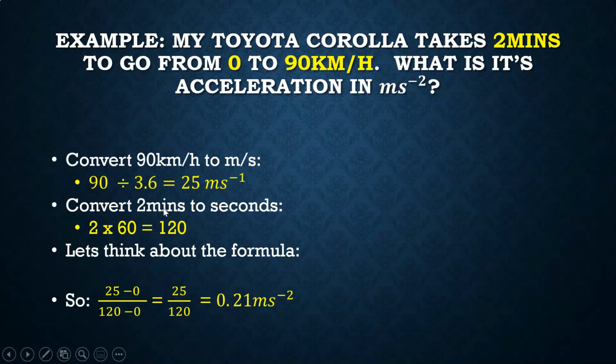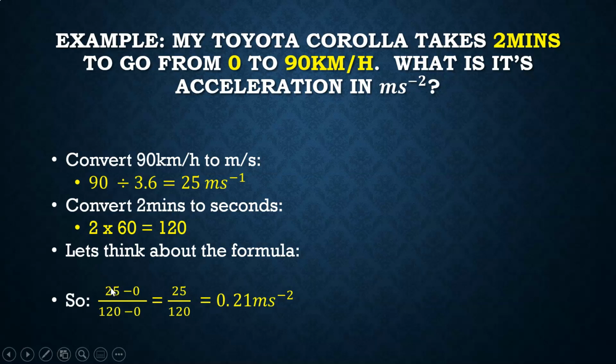Right, we now need to convert the 2 minutes to seconds because we need everything in meters and seconds for what we're doing. So we had 2 minutes, so 2 times 60 is 120. Right, now when we think about that formula we need to use, we need our change in velocity. Okay, we're using speed here, so our change in speed.